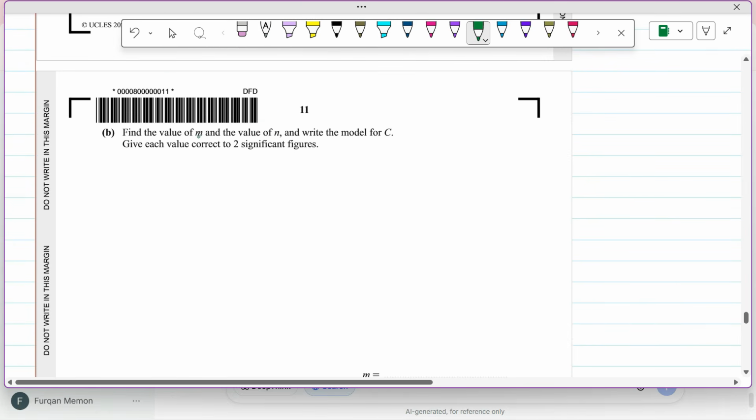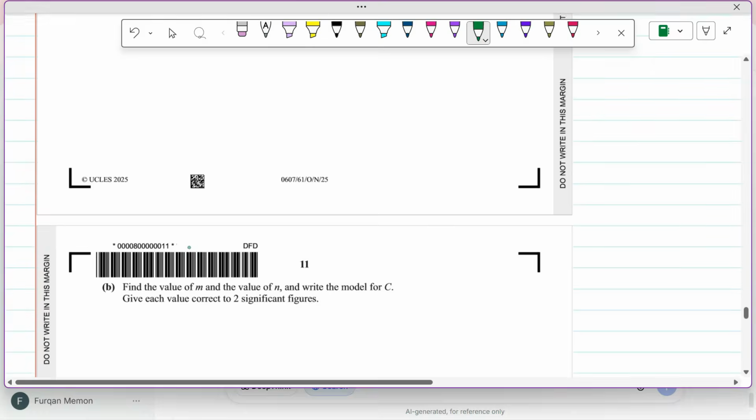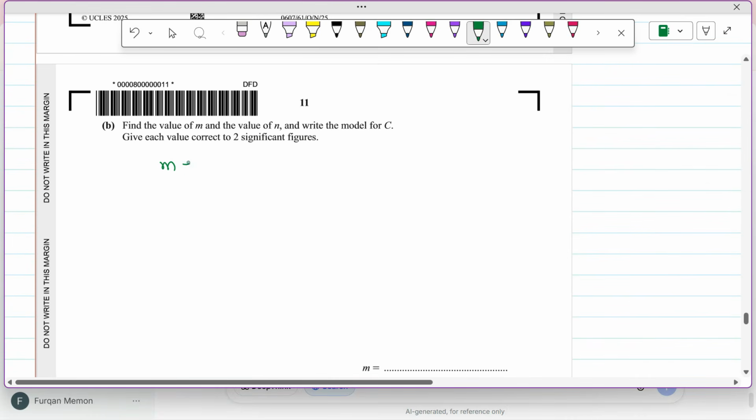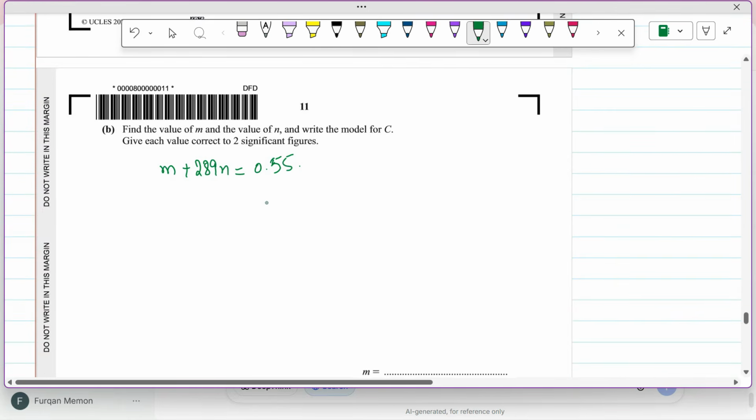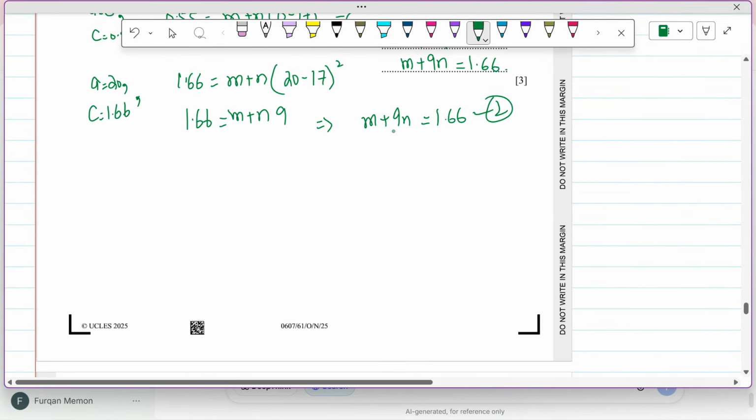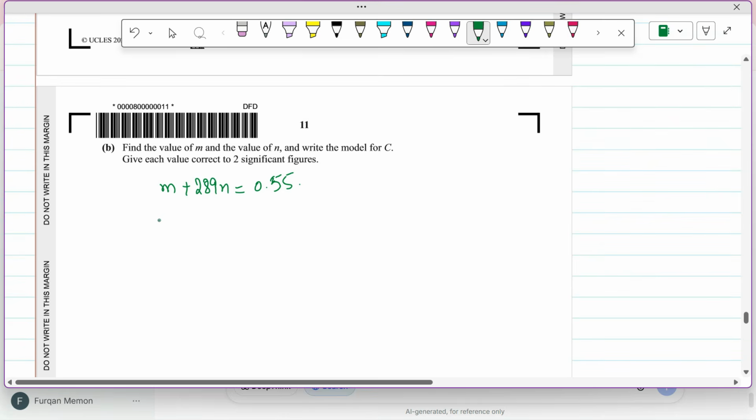Find the value of m and the value of n and write the model for C. Give each value correct to two significant figures. Okay, we have equation 1, which is m plus 289n equals 0.55. And we have another equation, which is m plus 9n equals 1.66.